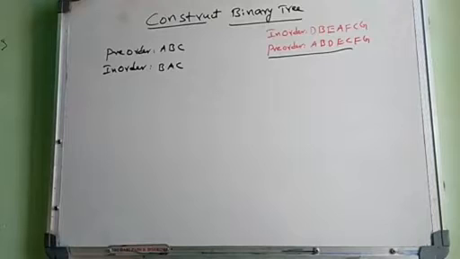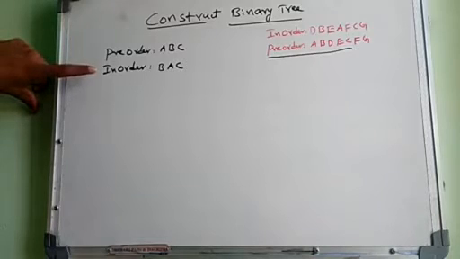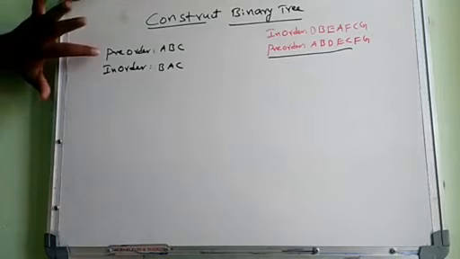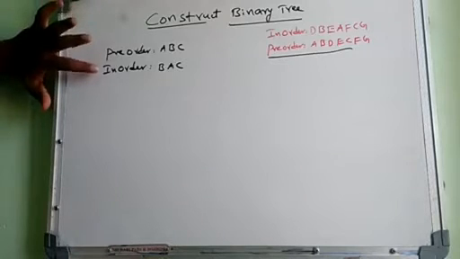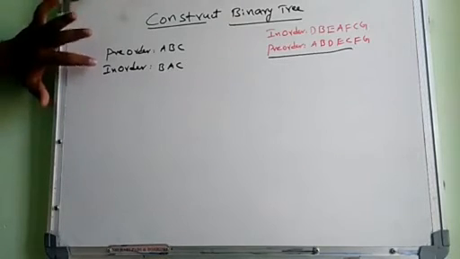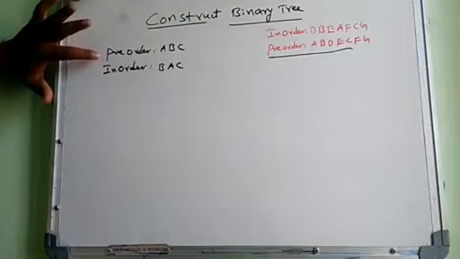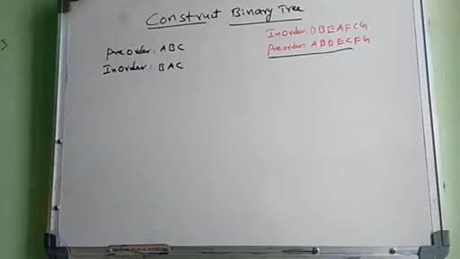But one thing you have to remember: in the question they must give the in-order. It is mandatory to construct a binary tree. Without in-order we cannot construct it. In place of pre-order they may give the post-order. So you can take any combination, but in-order is a mandatory input. Pre-order or post-order will change according to the question.